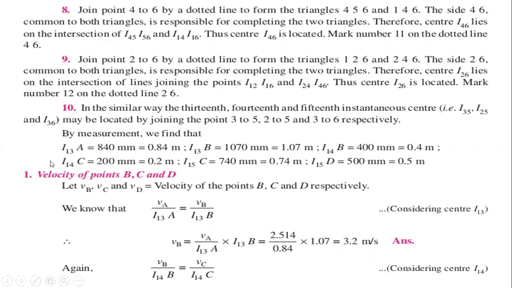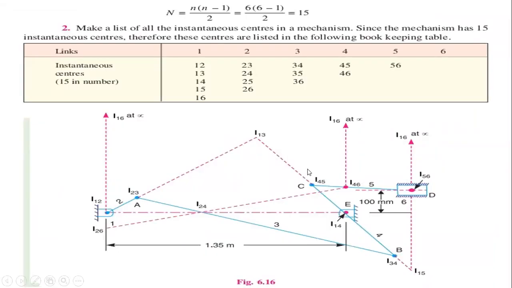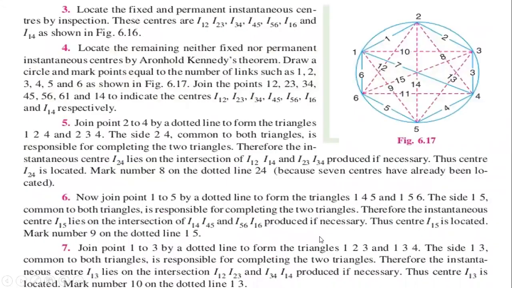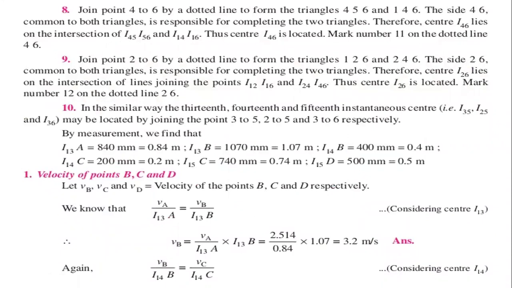Next, we calculate the I14 at C, I15 at C, and I15 at D. So we got the values as I14C is 200 mm, I15C is 740 mm, and I15D is 500 mm.